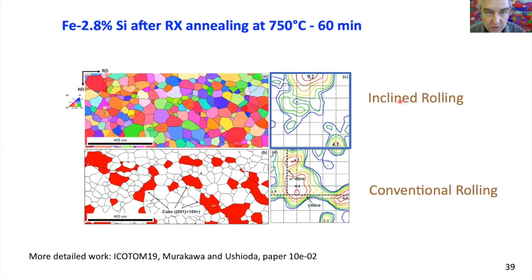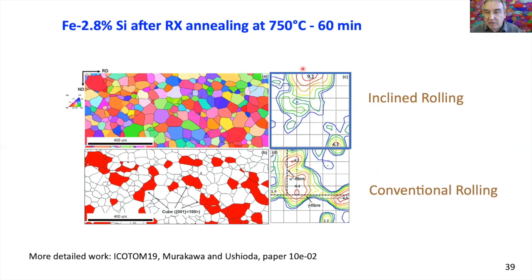Why not? Because if you do normal rolling, the rotated cube component, that's the rotated Gauss component, which is the precursor of these cube grains, is a very small minority component. But if you do inclined rolling, you can increase the volume fraction of rotated cube grains.